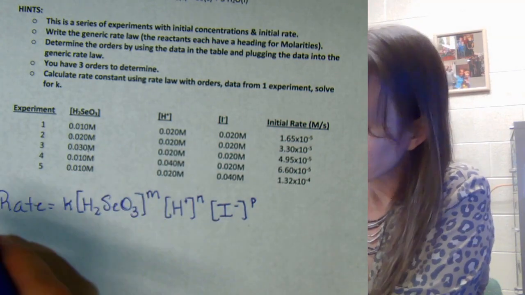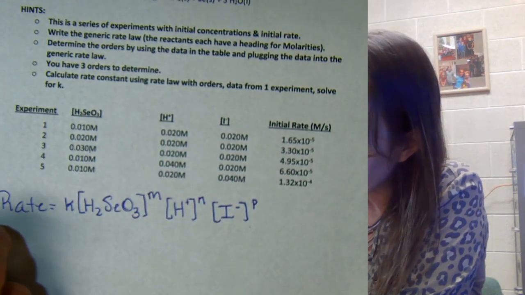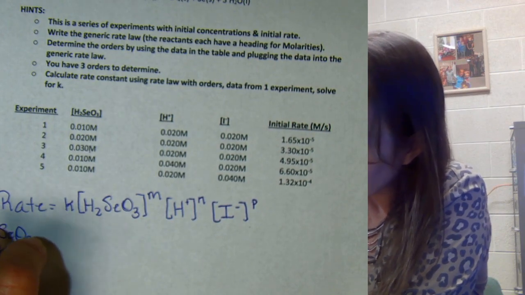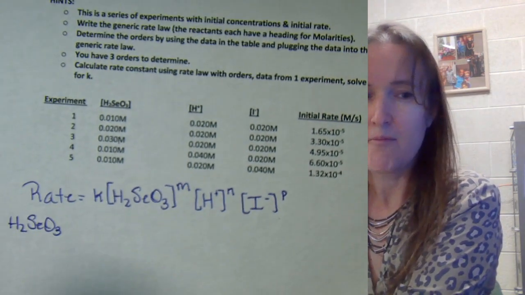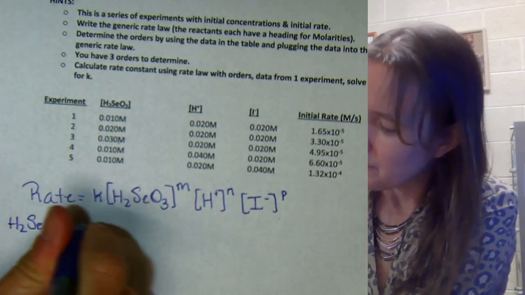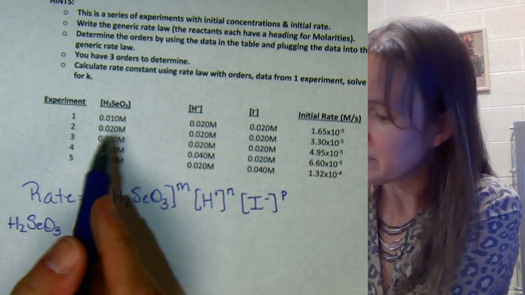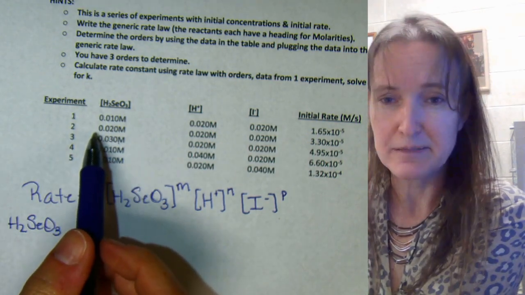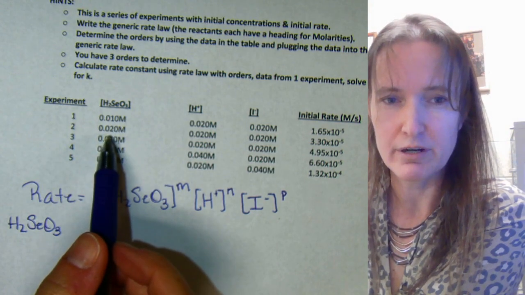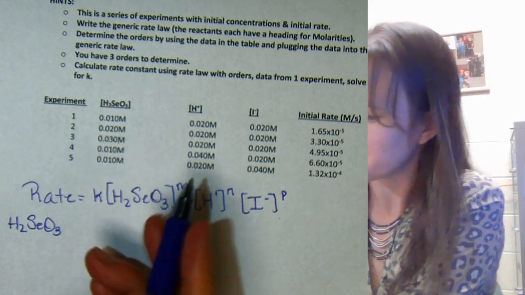And so to figure out, I'm just going to do H2SeO3. So that's going to be my focus. I'm going to do the larger of the experiments first. My larger data would be experiment 2 because 0.020 is a higher concentration.